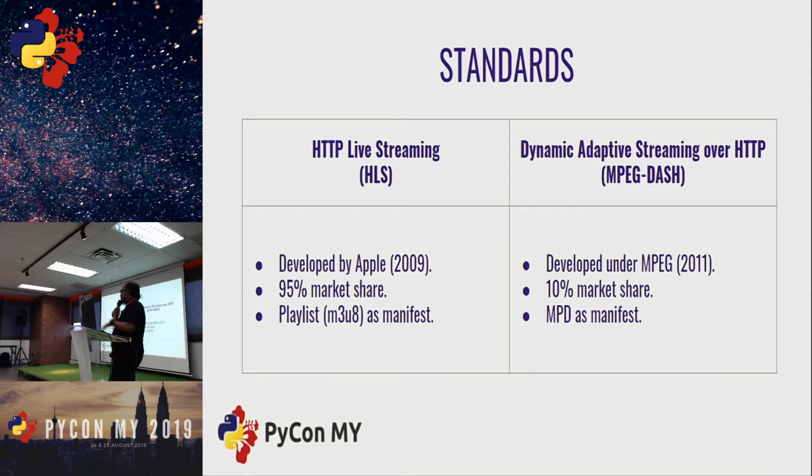MPEG, I think it's like a consortium of powerful people who decide what the standard is. I don't know. Okay, so 95% market share, mostly you're going to find this in HLS. 10% market share is MPEG-DASH. I think if you sum up, it's more than 100%.